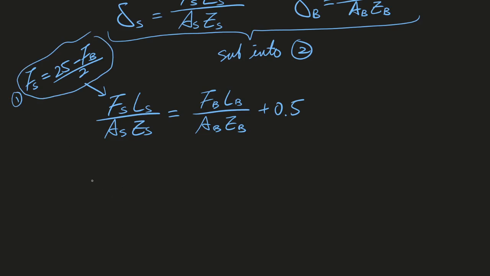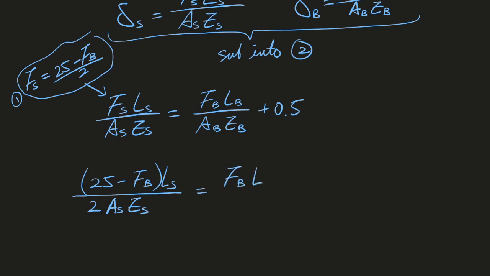So we can sub that in, 25 minus Fb, I can put the 2 below it. 2 As Es equal to Fb Lb.